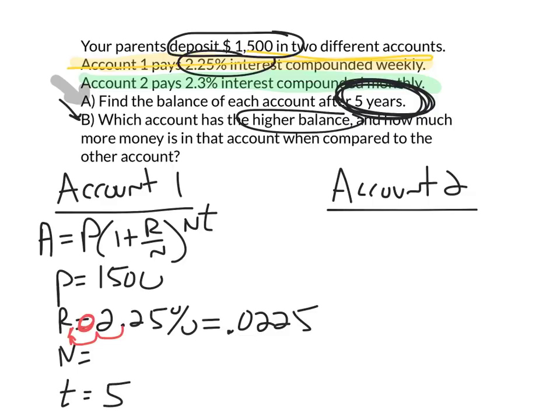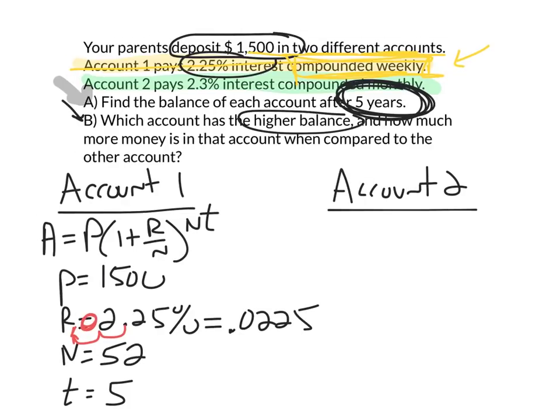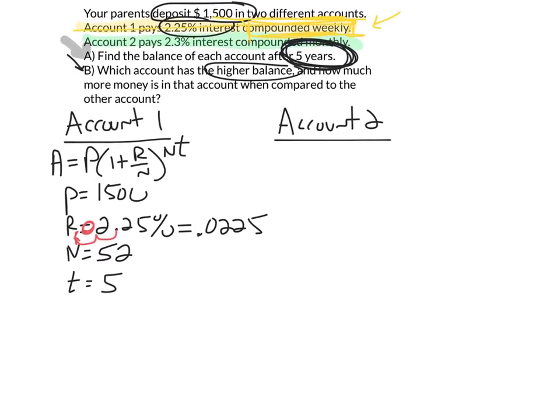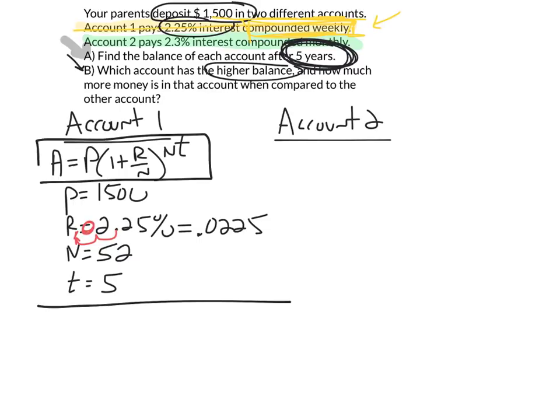So our T value for both accounts is going to be 5. But now for account 1, here's the adverb. It says the interest is compounded weekly. So since you gain interest weekly, and there are 52 weeks in a year, here our N value is going to be 52.